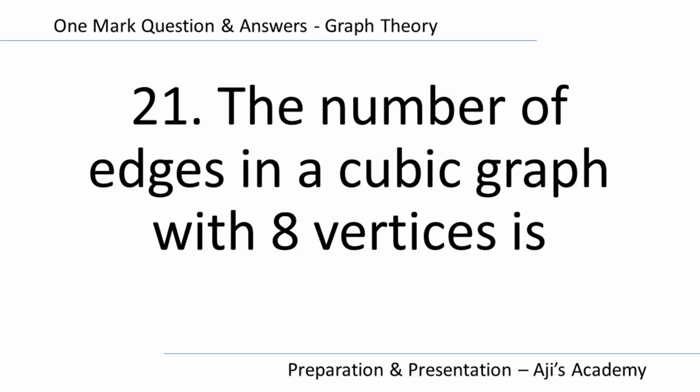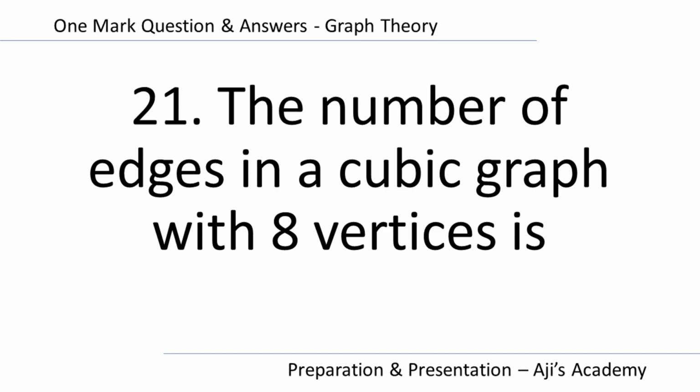Question number 21. The number of edges in a cubic graph with 8 vertices. What is a cubic graph? A graph in which every vertex has degree 3 is called a cubic graph. Here the number of vertices is 8 and each vertex has degree 3.